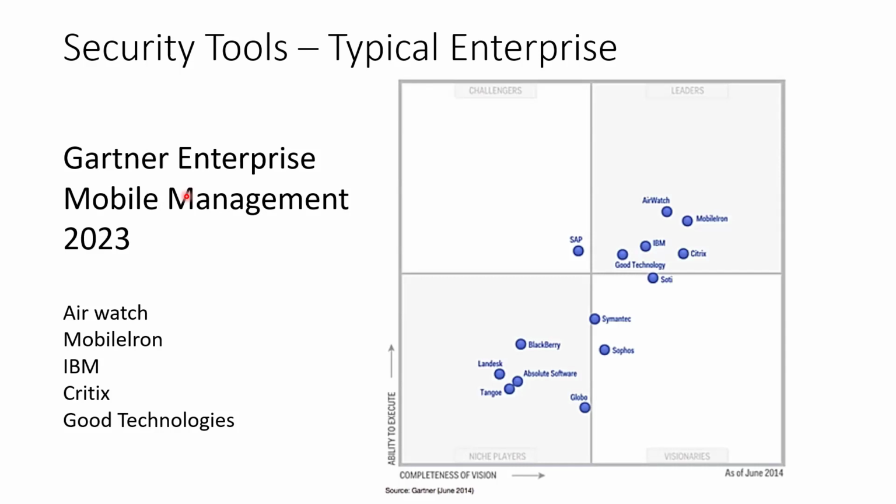So these are the vendors that will help us to monitor and manage enterprise mobile management systems: AirWatch, MobileIron, IBM, Citrix, and Good Technology. These are the leading brands providing those solutions.